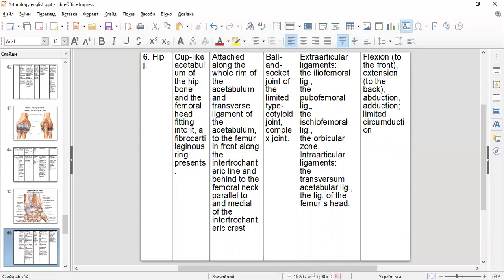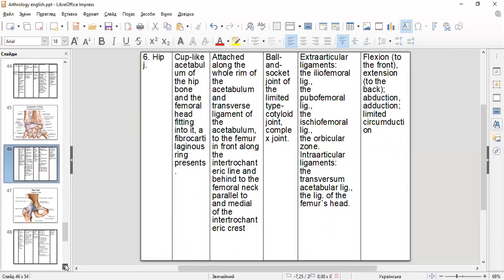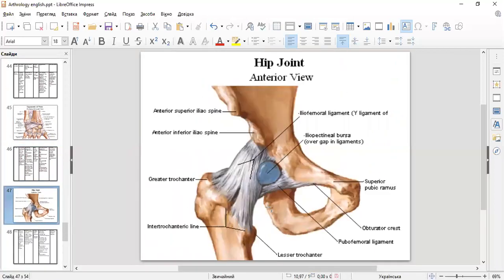Ligaments: iliofemoral, pubofemoral, ischiofemoral ligaments, the orbicular zone, interarticular ligaments, the transverse ligament of the acetabulum, and the ligament of the femoral head. Movements: flexion, extension, abduction, adduction, circumduction.